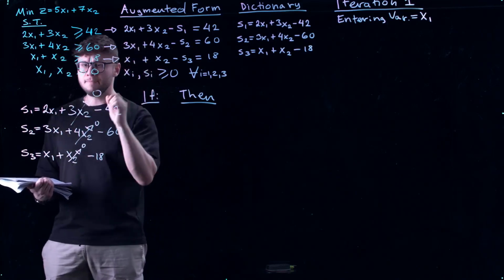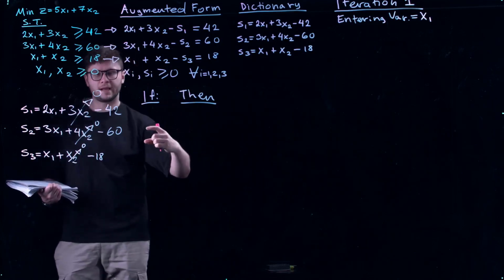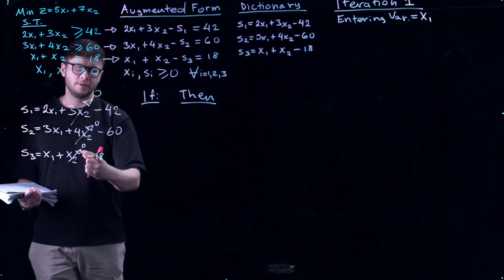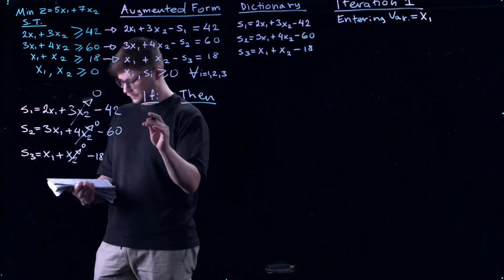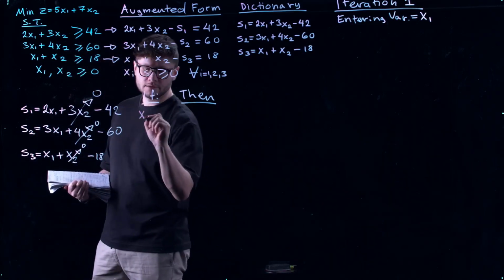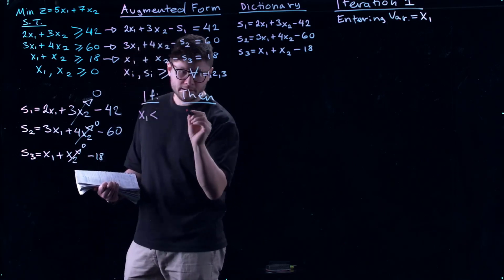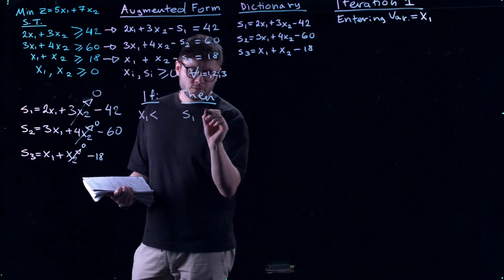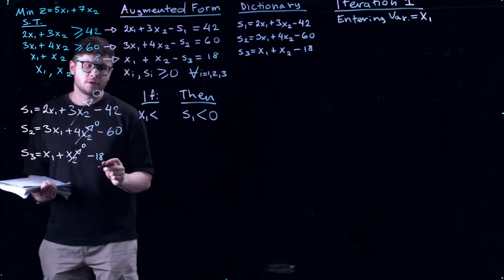At the end, we're going to be looking for the minimum value that x1 has to take. So in the first one, x1 must be smaller than some value such that S1 is smaller than 0, right?